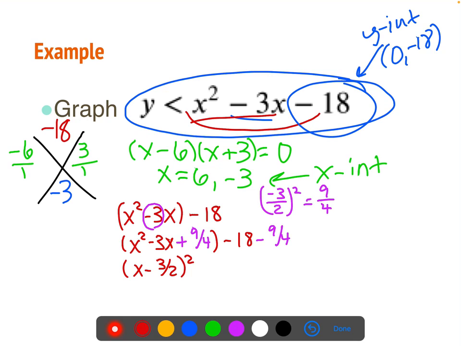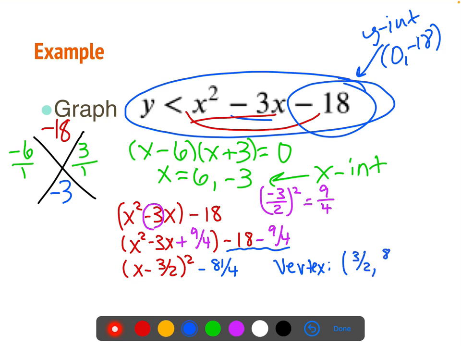And then I have to balance the other part by putting this in the calculator. That's negative 18 minus 9/4, which is negative 81/4.